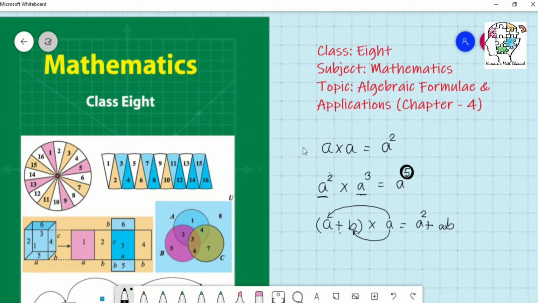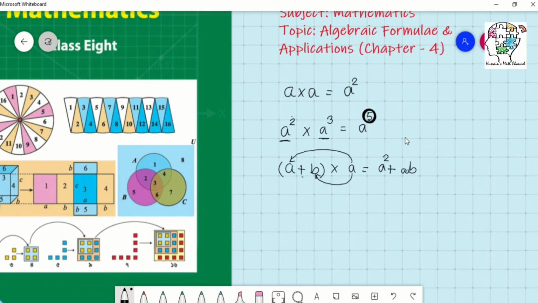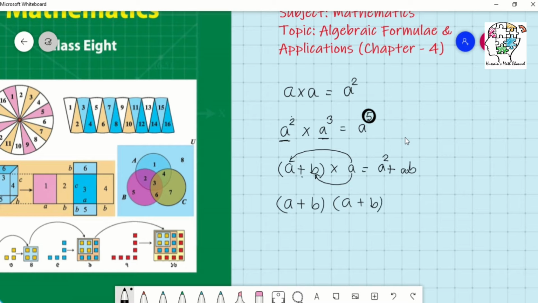Now again, let's say we want to multiply a plus b with another a plus b. How can we calculate this one? At first we have to multiply this a with both a and b, and in the middle we will use the plus symbol.